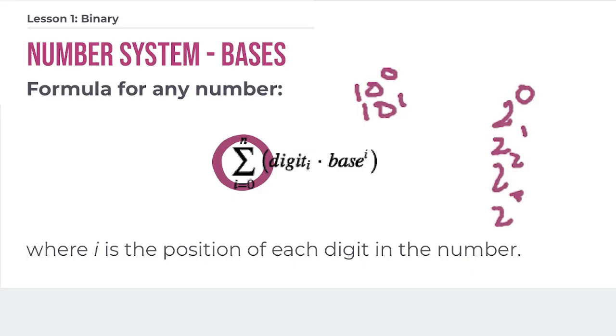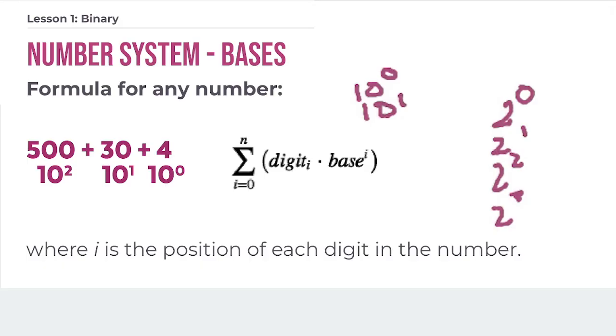Basically, that means the sum of whatever is in the zeros place, whatever's in the ones place, whatever's in the two place. Let's say our number is 534, right? So it's the sum of whatever's in the 10 to the 0 place, plus whatever's in the 10 to the 1 place, plus whatever's in the 10 to the 2 place.